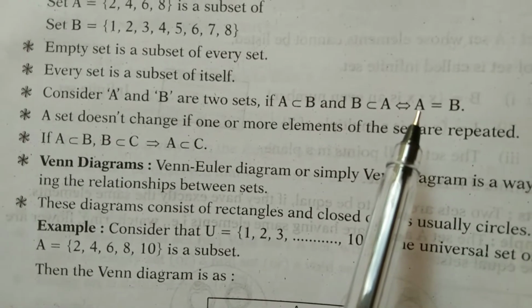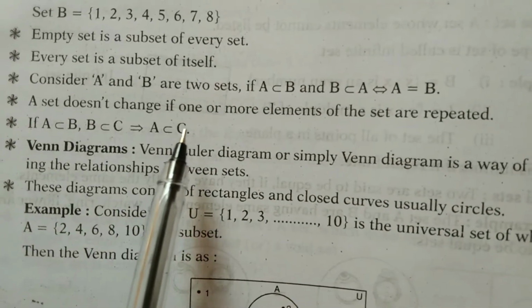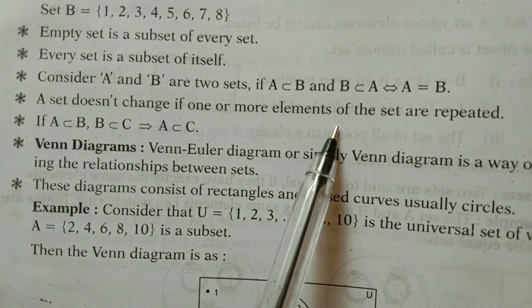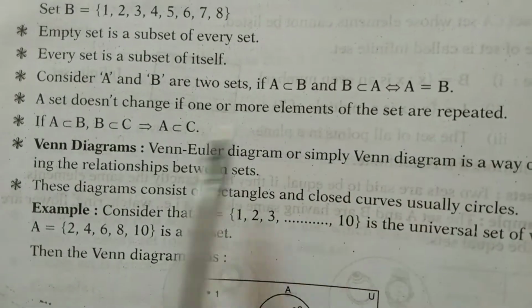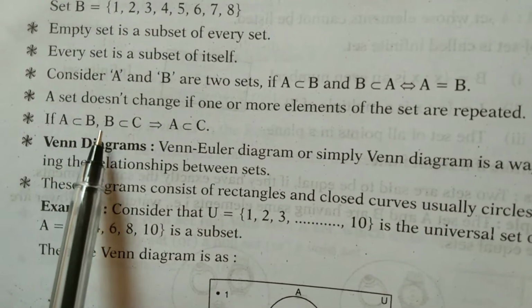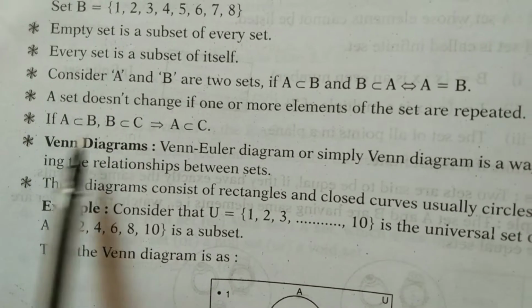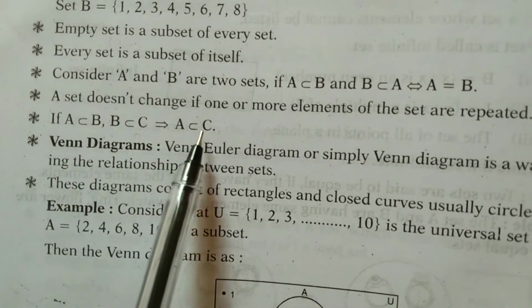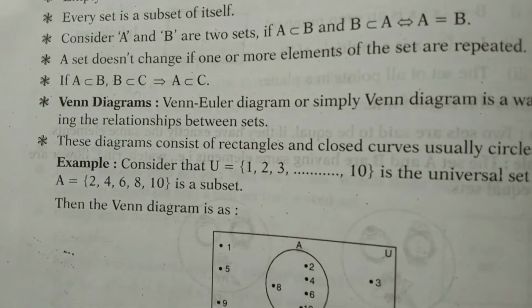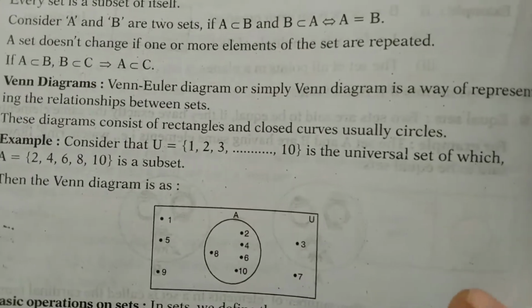Now, a set does not change if one or more elements of the set are repeated. If A is a subset of B and B is a subset of C, then we say that A is a subset of C.